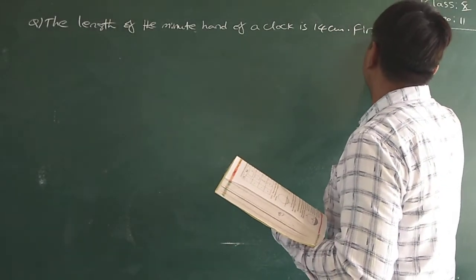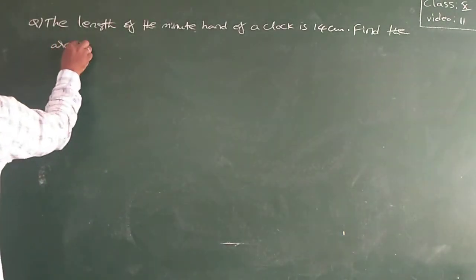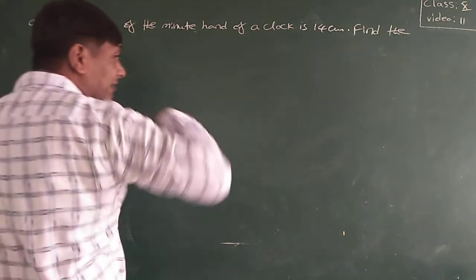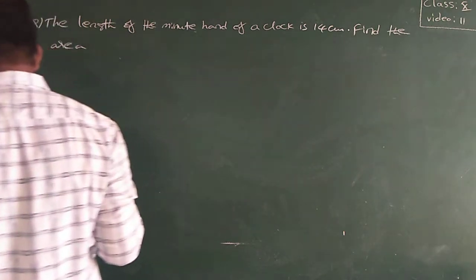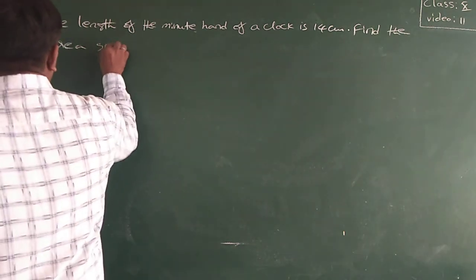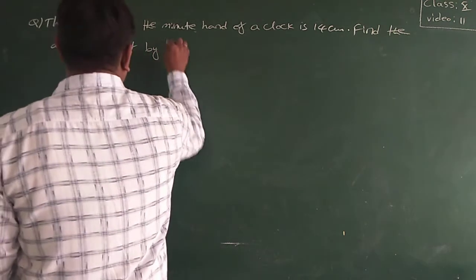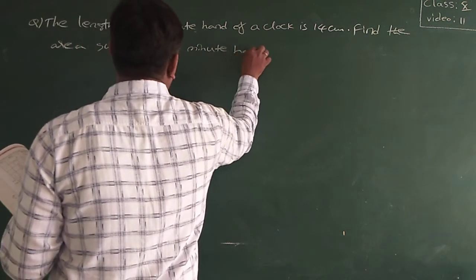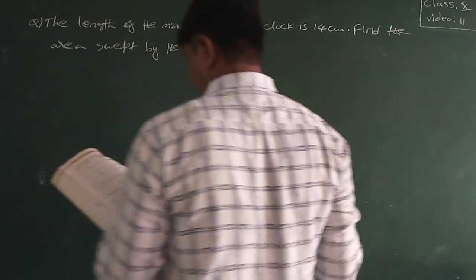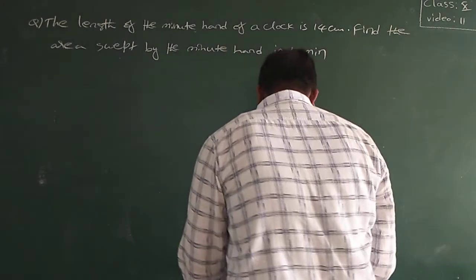Find the area swept by the minute hand in 10 minutes. Sometimes you also get distance covered by. Distance is different, area is different. Very important model.